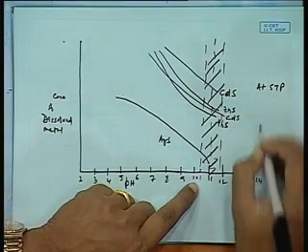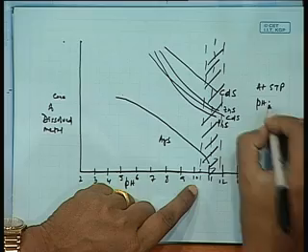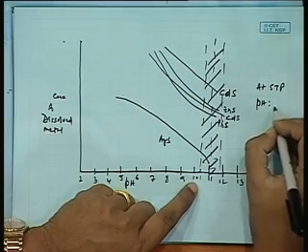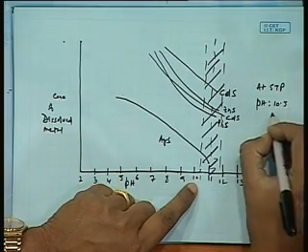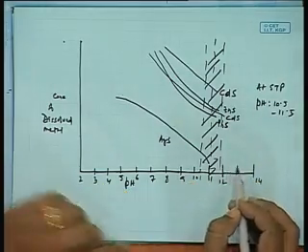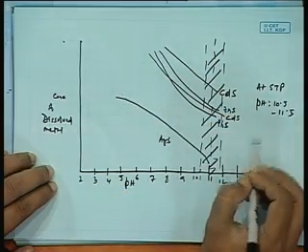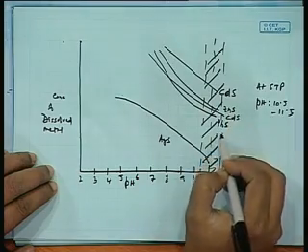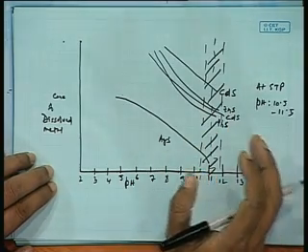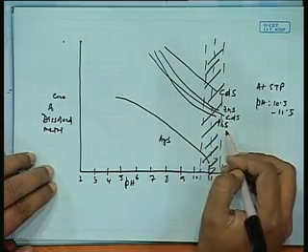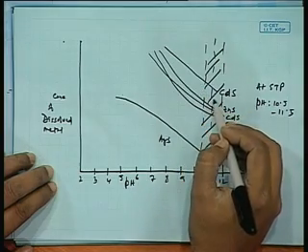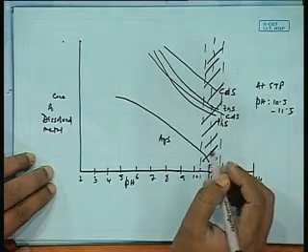If you maintain a pH between 10.5 and 11.5, you can selectively precipitate all these sulfides from the water. This is what is called the amphoteric property. That is what I explained: almost all metal hydroxides and metal sulfides show a minimum solubility at a particular pH.